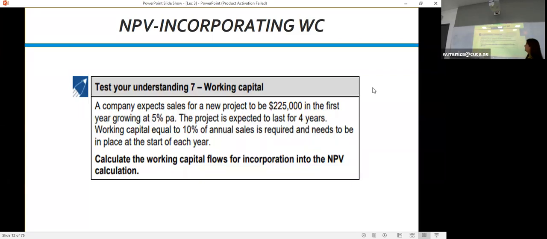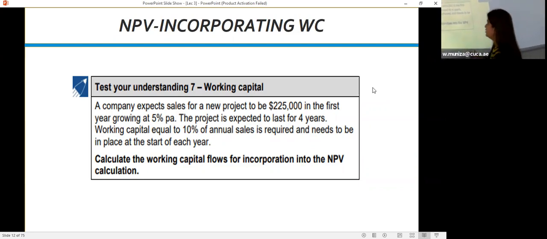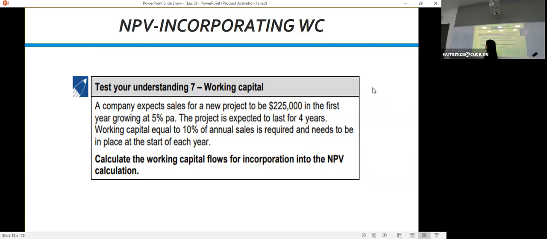Expectation of the sales is 225,000 in the first year, growing at 5% per annum.